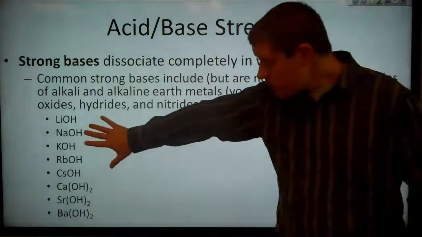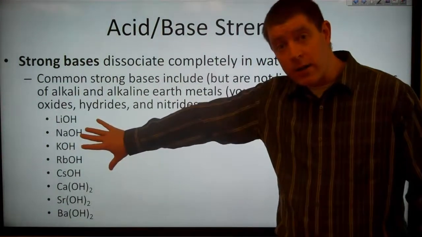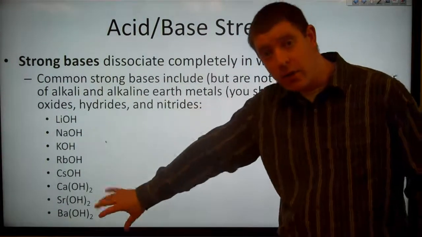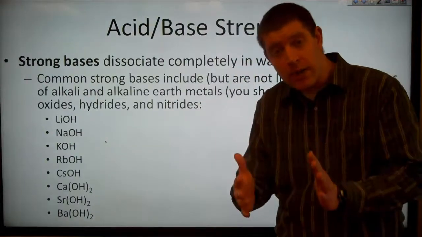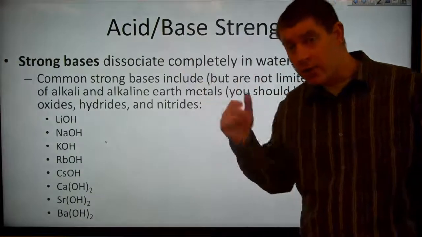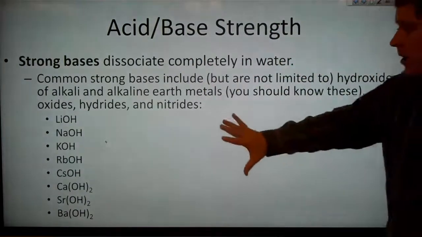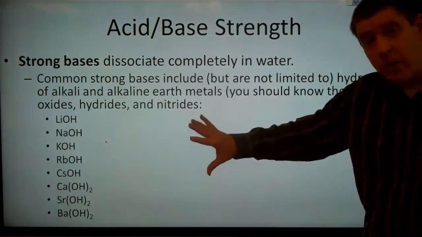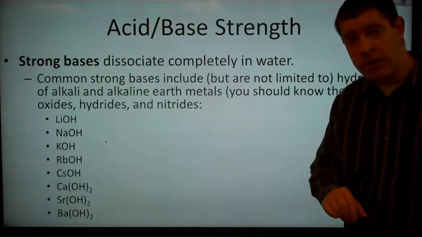So, again, the hydroxides of the first 2 columns, excluding hydrogen, obviously, because it's not a metal. Those guys are strong bases. You should be able to recognize those as strong bases.